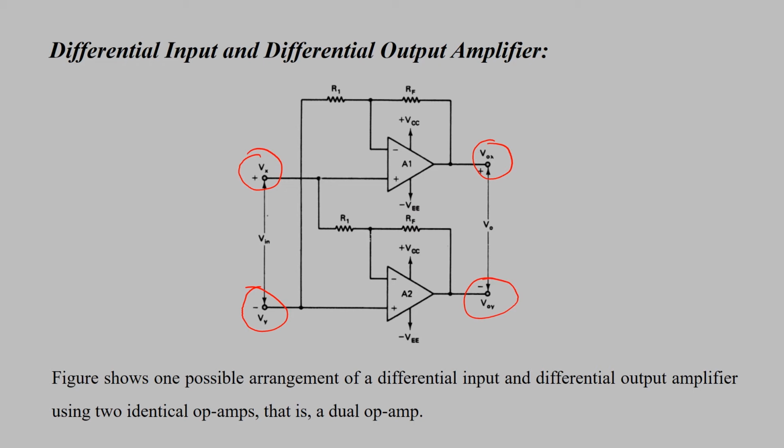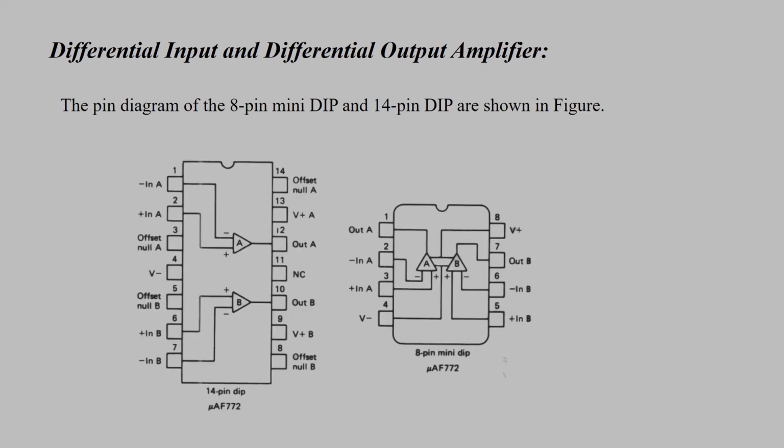So this is one of the possible arrangements of this differential input, differential output amplifier using two identical op-amps, also called dual op-amps. So μA772 is a dual op-amp, where two op-amps come in the same package, and the figure shows an 8-pin mini DIP and 14-pin DIP and its pin configuration.